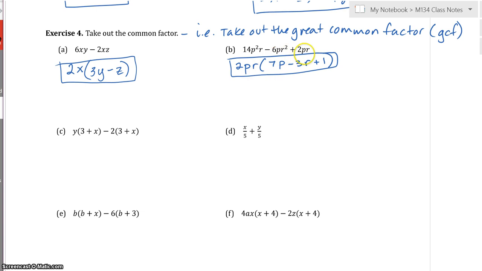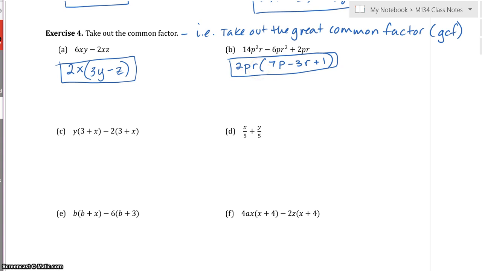A P is common, and an R. That's all the things that are common, so I took out everything. So then I divide, and 2 goes into 14 7 times, and there's 1 P because the R's cancel. 2 goes into 6 3 times, the P's cancel, so there's 1 R left. And here everything cancels. You don't put a 0 because 2PR over 2PR is a 1.